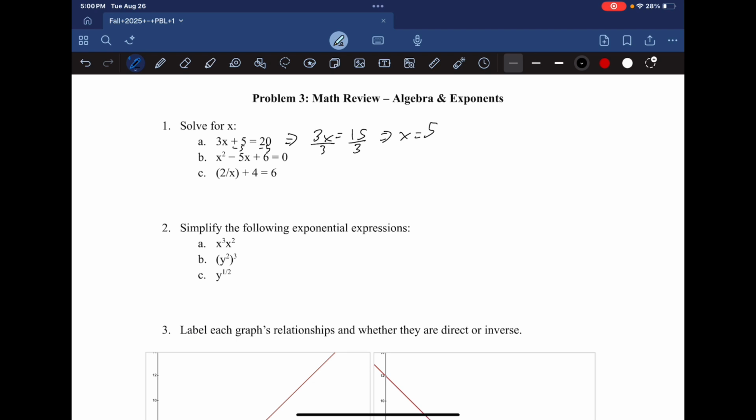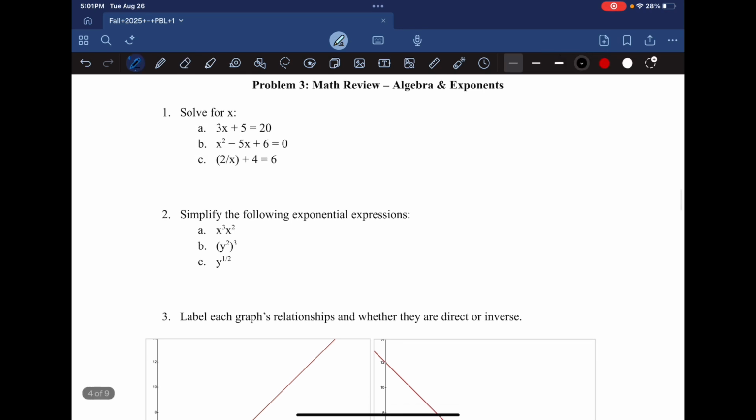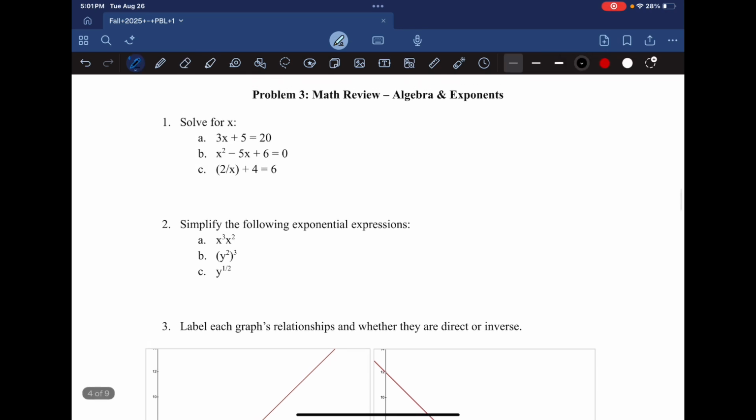For this one, we have x squared minus 5x plus 6 equals 0. This is a quadratic equation. You can use the quadratic equation if you'd like, or you can use the shortcut to realize that we need two numbers that add to negative 5, and multiply to 6. So in this case, we have negative 3 and a negative 2.